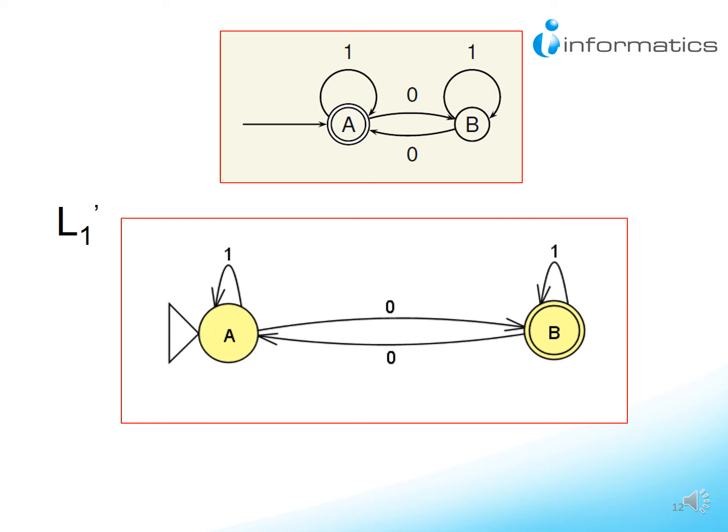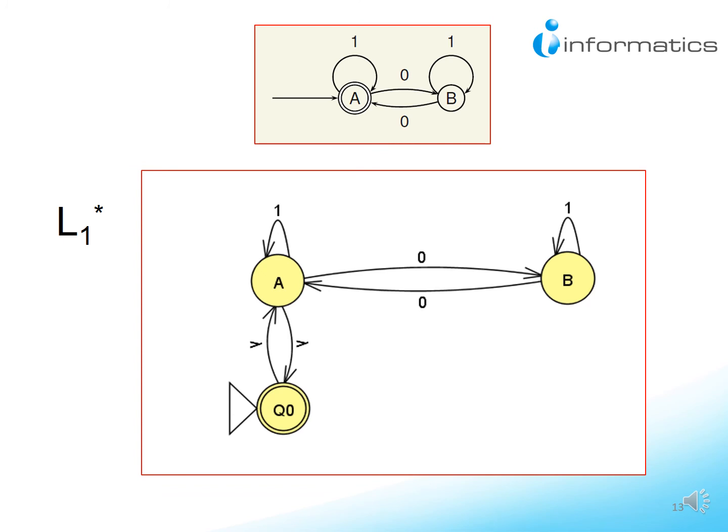So if the first machine goes into a final state, the new machine will go into a non-final state and reject it. If the first machine goes into a non-final state and rejects the string, the new machine will go into a final state and accept the string. In this way, the new machine will recognize the complement of the language recognized by the first machine.